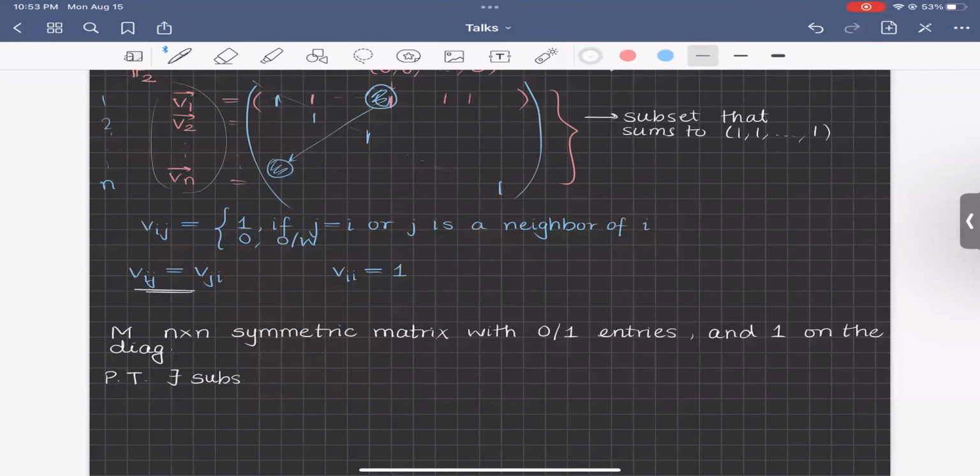Prove that there is a subset of the rows that sum to all ones in mod 2, by the way. So this is in mod 2.